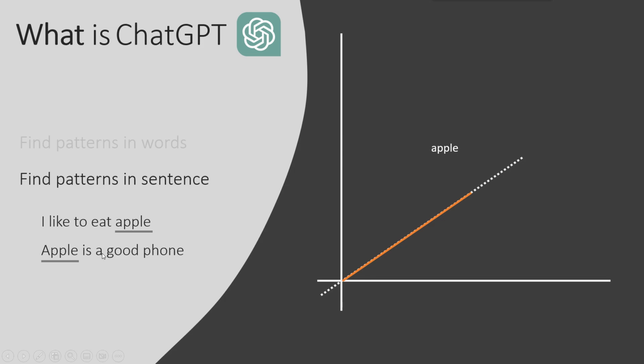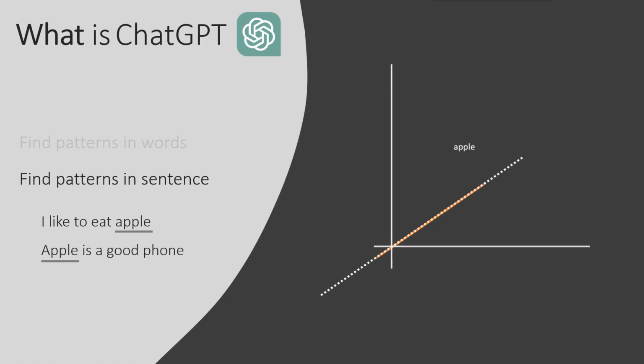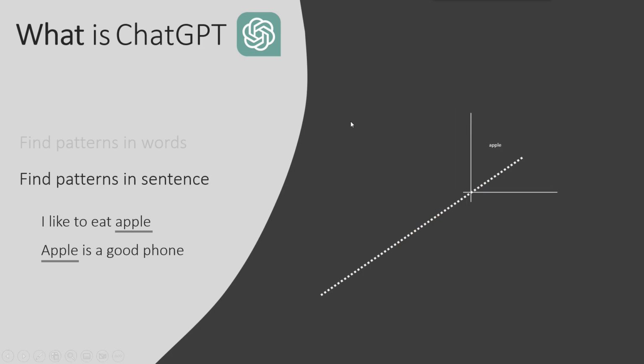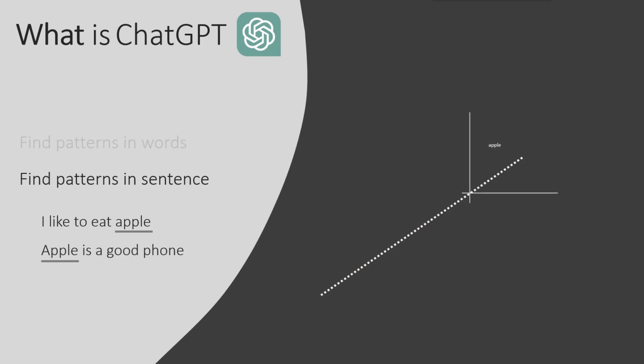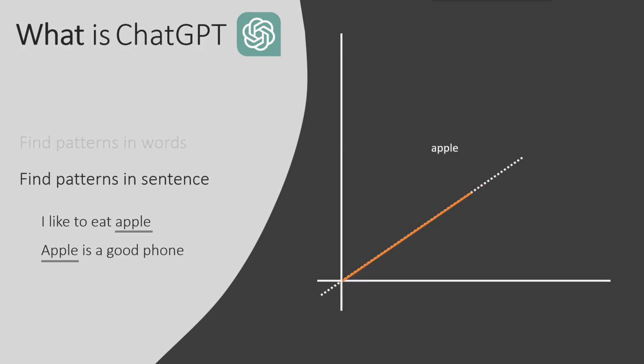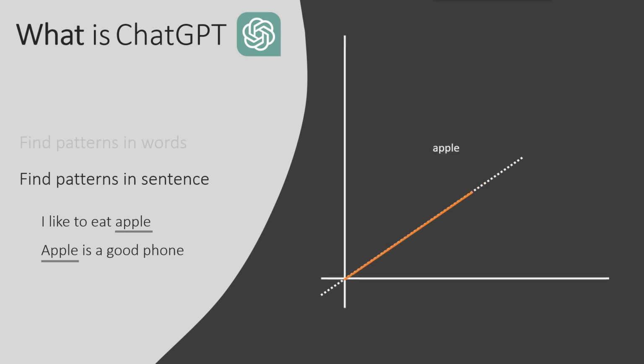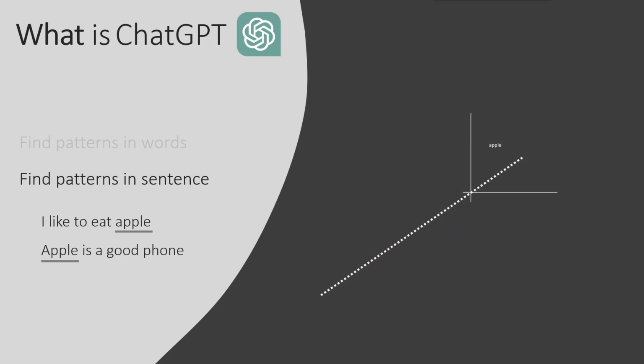That's how we distinguish the same apple in different sentences. In this example, we know that ChatGPT will learn complex things by adding new axes. In technology terms, it will add parameters to handle complex situations.